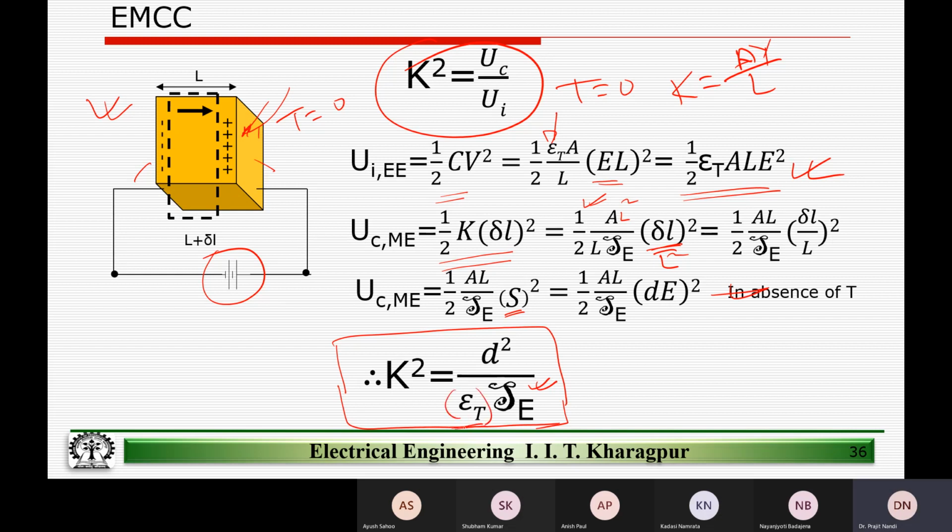Epsilon T we can understand because essentially the higher the epsilon T, the higher the input energy that we will have to give, right? So if epsilon T is higher, k square will again be lower, right? So for k square to be higher, the compliance S^E needs to be lower, right? And this part may not be as intuitive, but you can see it based on whatever steps we have done. There is probably nothing wrong in that, right?